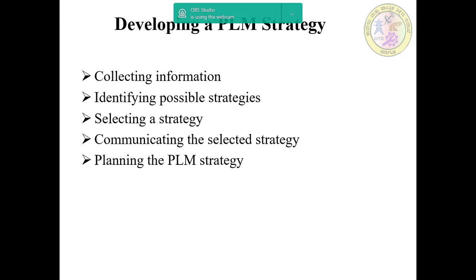The understanding must be based on factual information rather than guessing and opinions. As the PLM vision already contains information about the future, most of the information to be collected must address the current situation in the below scenario.